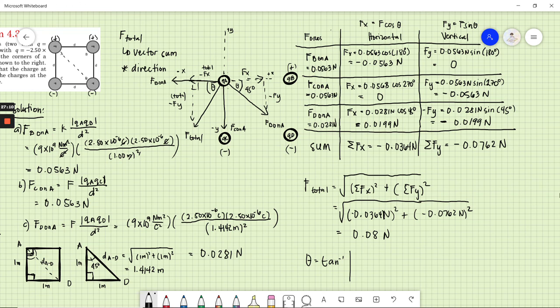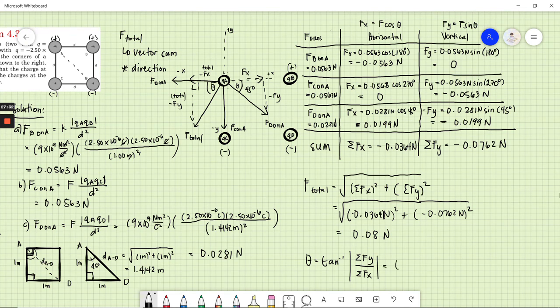So if this is our angle, we have to take the opposite, which is Fy, and just use the absolute value. You do not need to use the negative sign. Our adjacent is Fx.